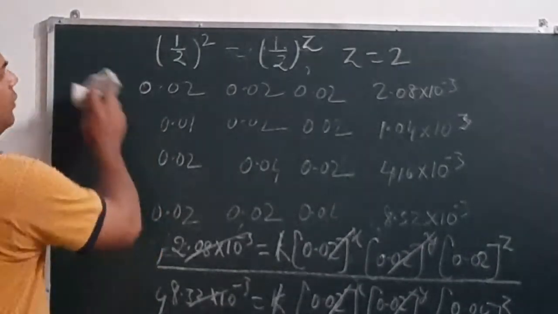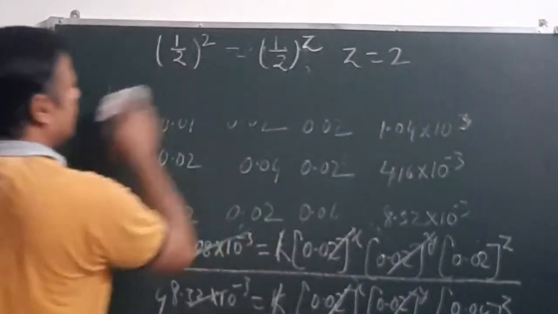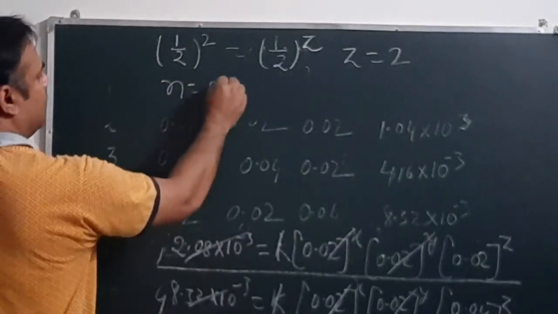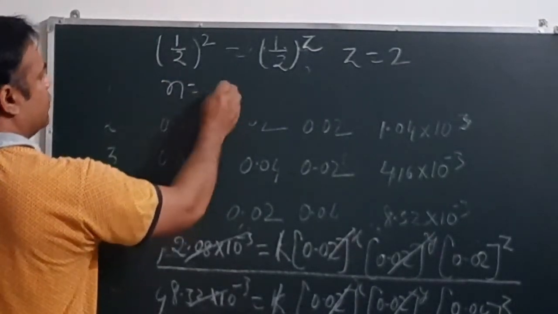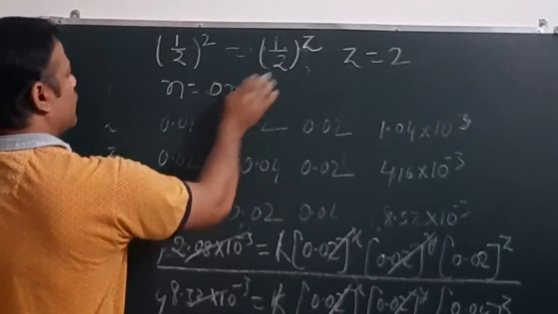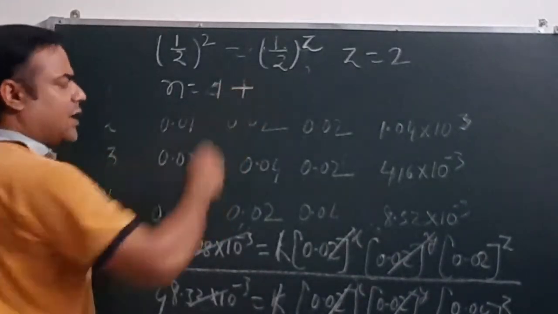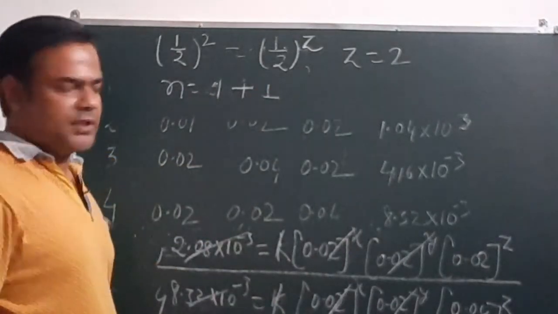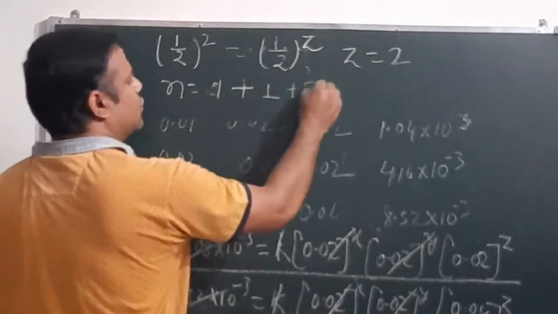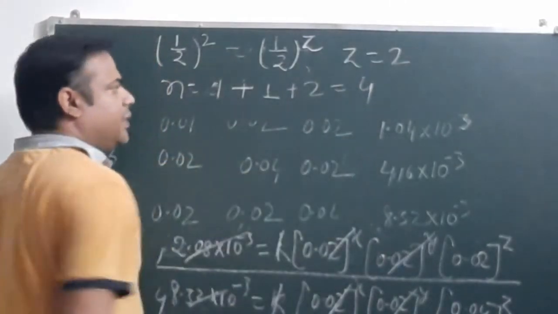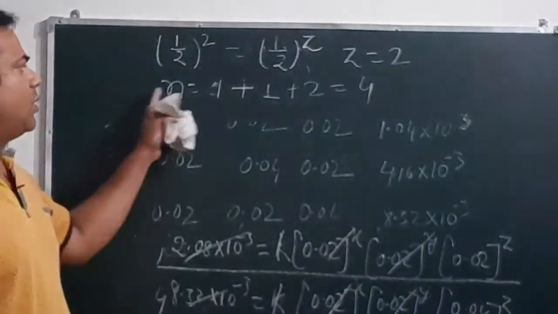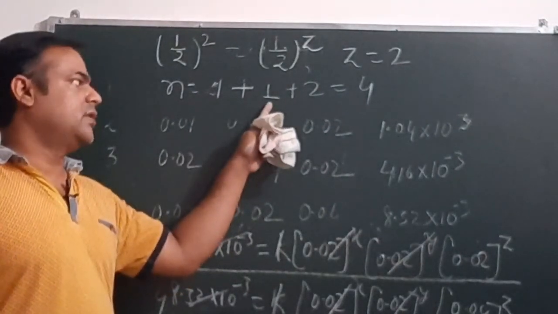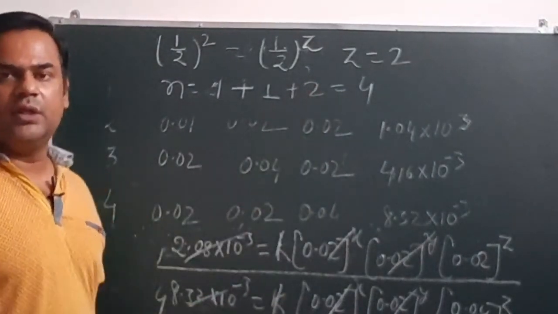So if we calculate the overall order for this reaction, the overall order will be equal to the order with respect to A, that is 1, plus the order with respect to B, which is also 1, and the order with respect to C, which is 2. So the overall order of this reaction will be 4. Order with respect to A 1, B 1, C 2.